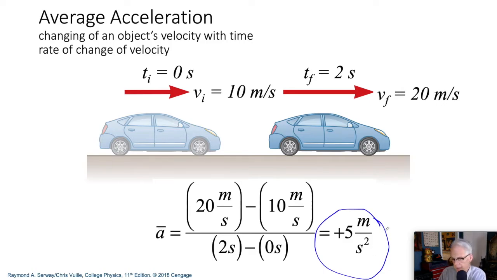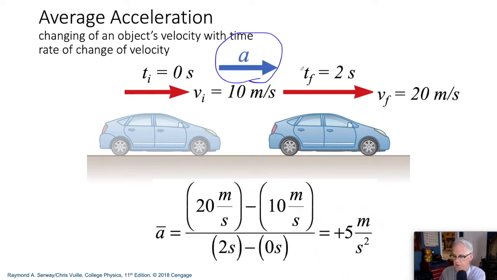Now, what does that mean? An average acceleration of positive 5 meters per second squared means, on average, the car changes its velocity by positive 5 meters per second every 1 second in the positive direction. Here's our acceleration vector. It is in the positive direction.